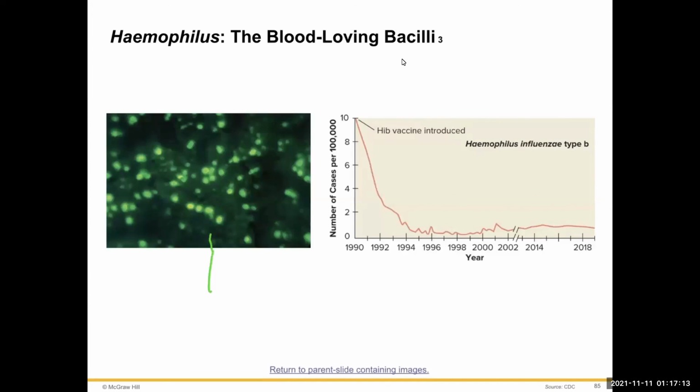You can see the fluorescent glowing of it on the stain. And you can see that the Hib vaccine was introduced, and cases went from 10 per 100,000 in 1990, and by 1994, you can see how fast it dropped. And it's stayed down ever since, once we have the vaccine.